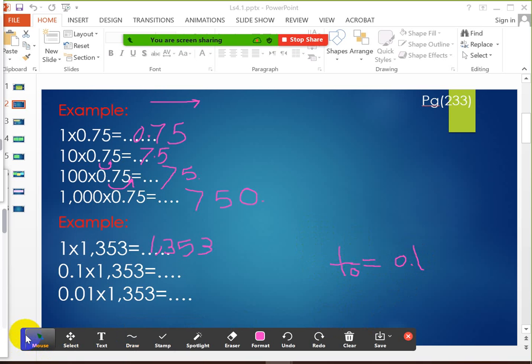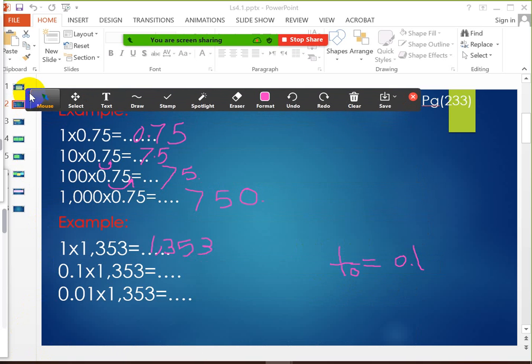So if I want to multiply this number, 1353, with 0.1, that means you have to multiply this number with 1 over 10. And that means you have to divide it by 10.